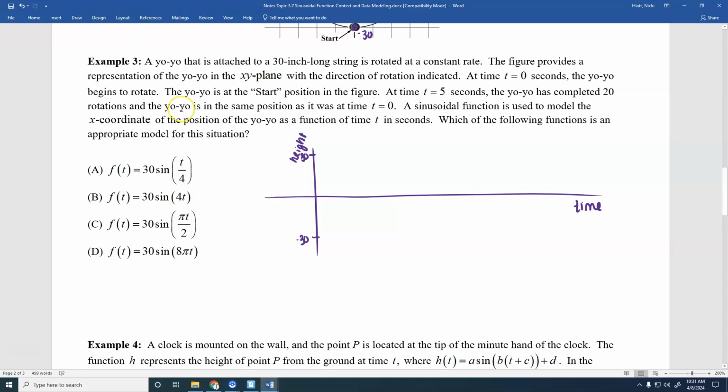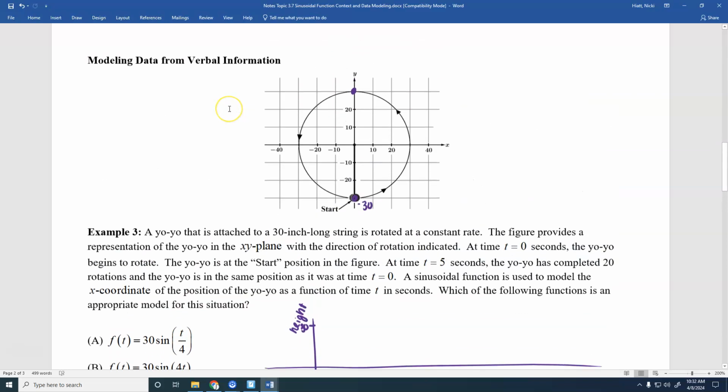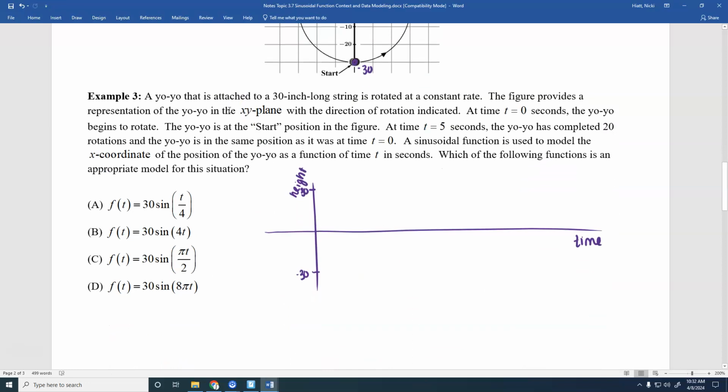So now, where does our yo-yo I don't know about these answer choices. I should have worked through this ahead of time. Because where does our yo-yo start? It starts at negative 30. Are any of these going to start at negative 30?